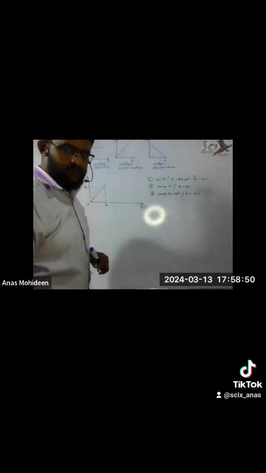And then it's moving at the same velocity for another 4 seconds, so it should be the uniform velocity. From here I can't go above, so I'm taking a portion less than this, and I'll mark it here.